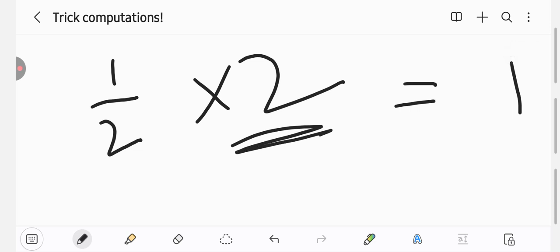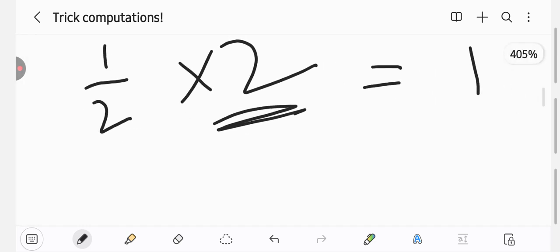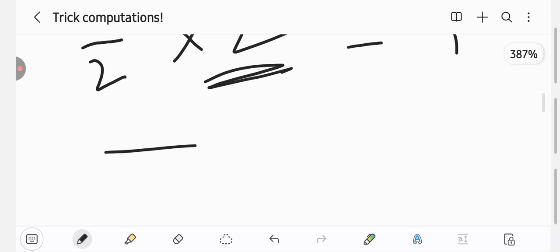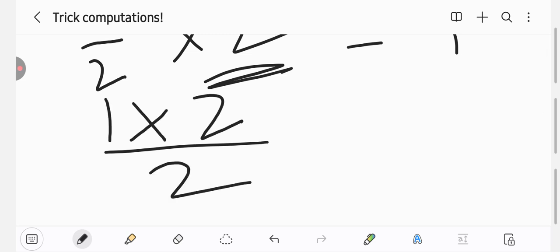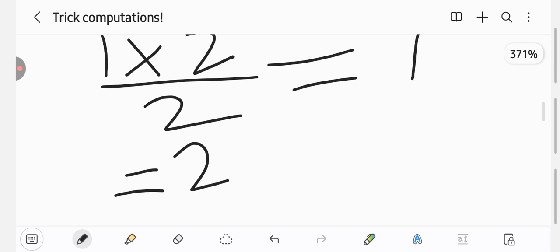You cannot add any number a fraction of times. It's still repeated addition, but not with the whole fraction. It's actually a rewritten form of 1 times 2 by 2, which equals 1.